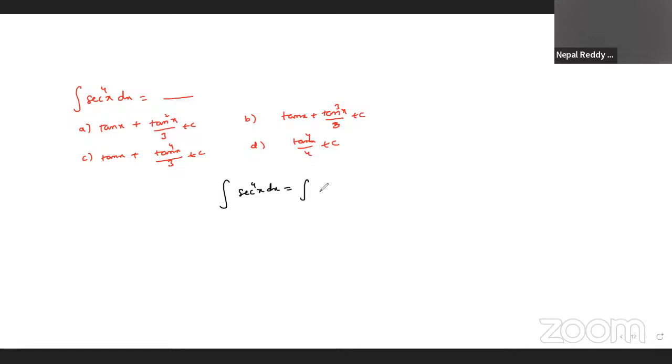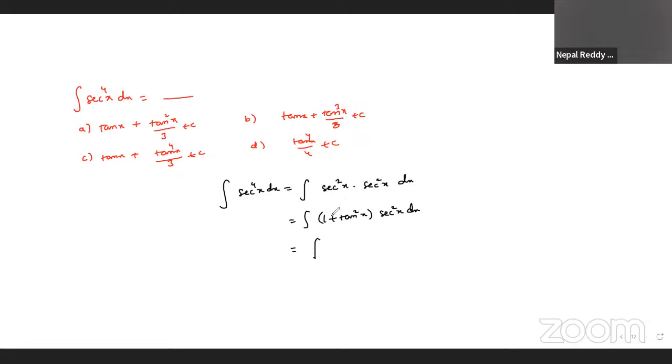So I am going to change it as secant square x into secant square x. First, secant power 4 is written as secant square x into secant square x dx. Secant square x is 1 plus tan square x, multiplied by secant square x dx.